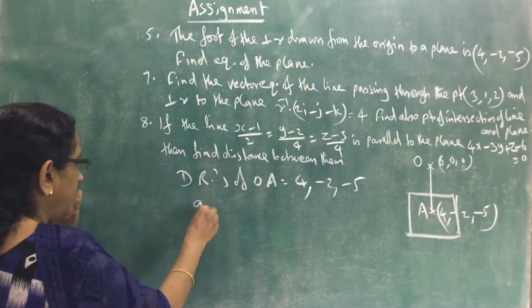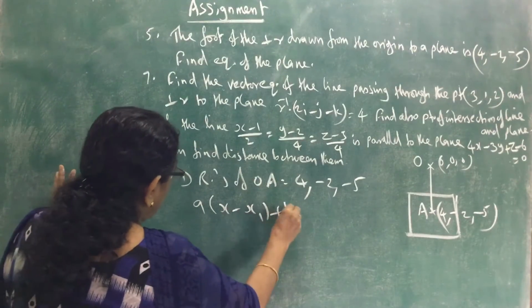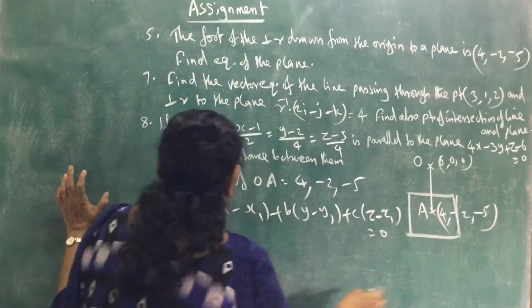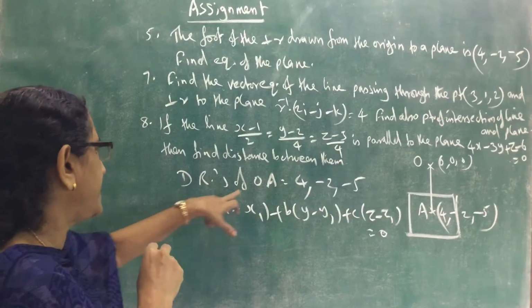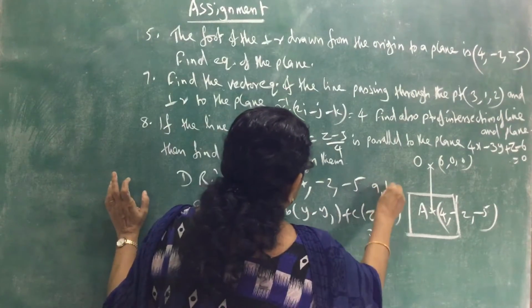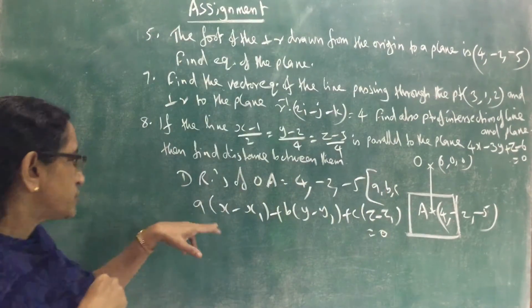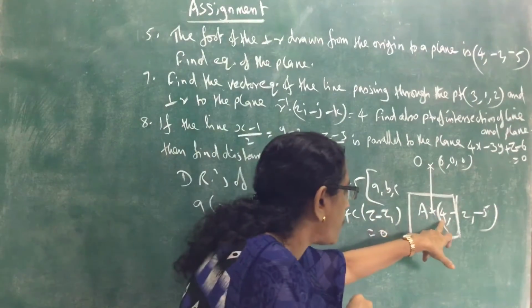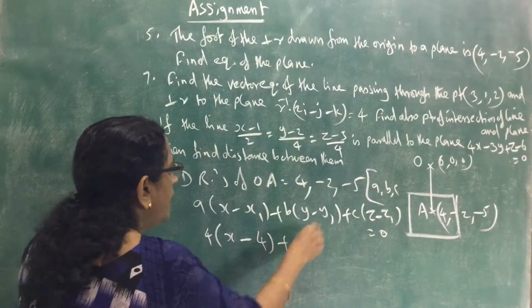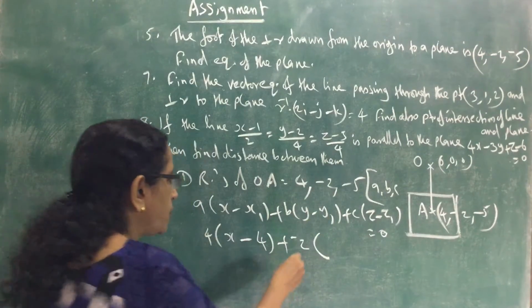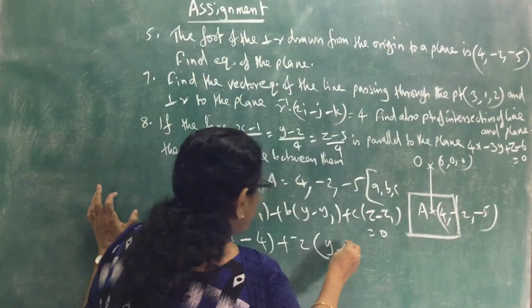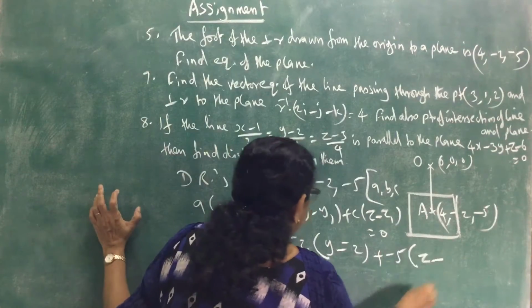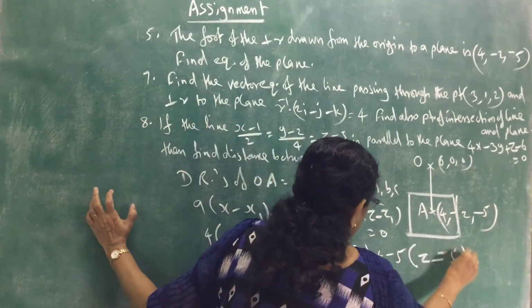Using the formula a(x minus x1) plus b(y minus y1) plus c(z minus z1) equal to 0. Here a, b, c are the direction ratios of OA. So a is 4, times (x minus 4), plus b, that is minus 2, times (y minus y1), that is (y plus 2), plus c, that is minus 5, times (z minus z1), that is (z plus 5), equal to 0.